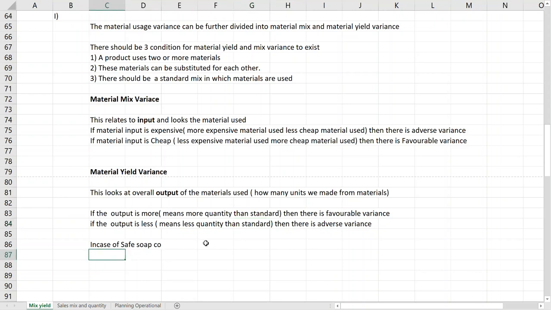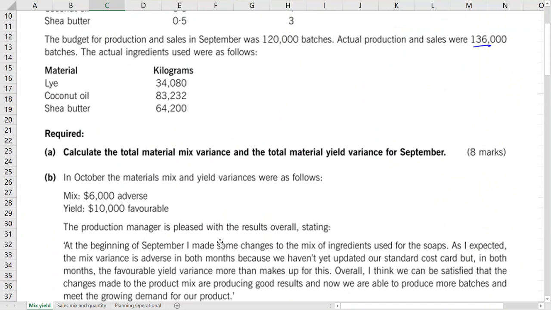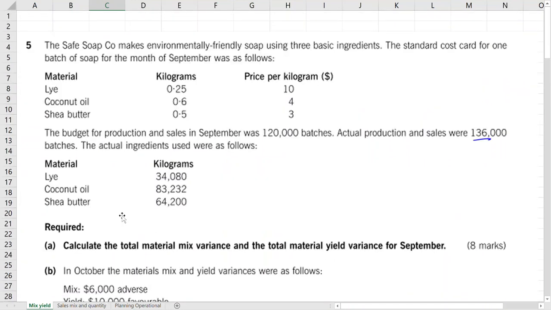So in case of SOAPCO, I will explain that when we look at the question. But let's now focus on A, which is just calculating material mix variance and yield variance. Let's read it again. SAFECO makes environmentally friendly products using these three ingredients. We have these ingredients, and then we have a standard cost card.